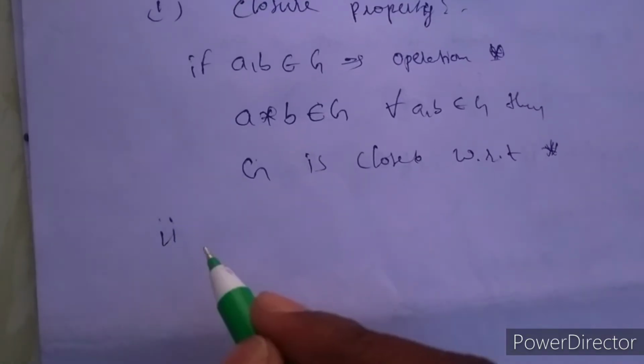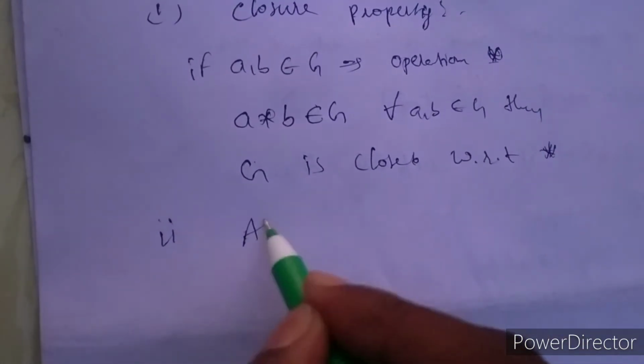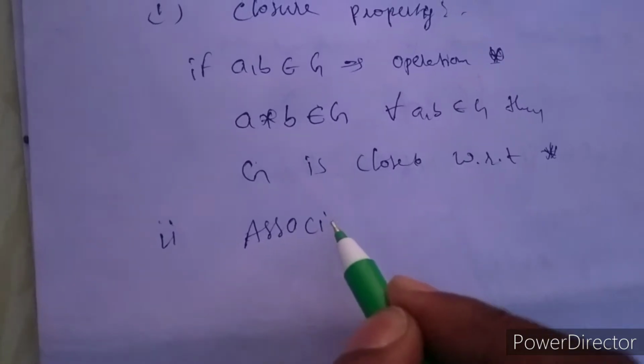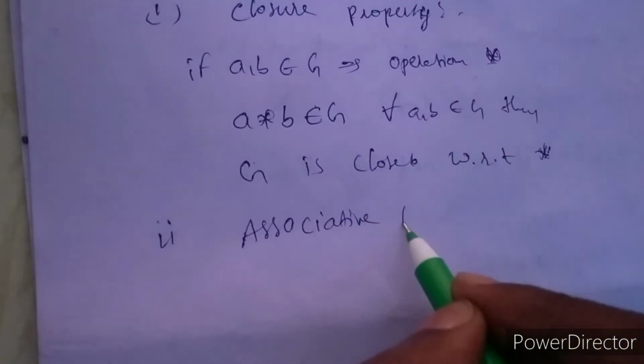Now the second property is the associative property.